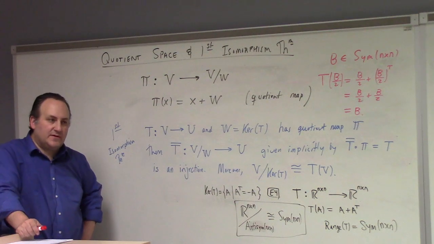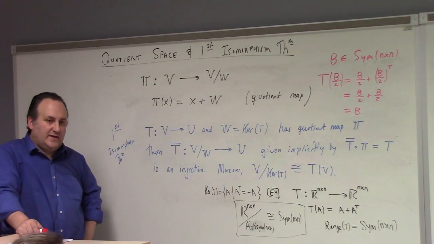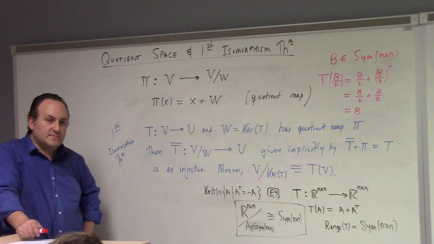The output's a symmetric matrix. It's twice the symmetrization of A. The symmetrization of A is just A plus A transpose over 2, but I multiplied it by 2.